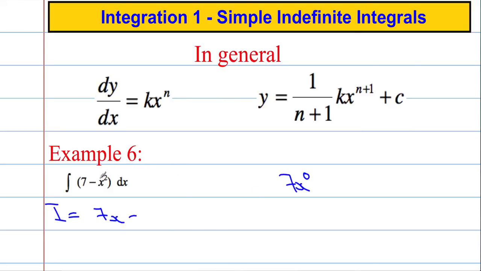Now, same idea again. We're integrating each term, just like we would if we were differentiating, just integrate each term. So integrating x squared, I need to increase the power of x by 1, which will give me a 3, and multiply by 1 over 3. And then not forgetting that constant.